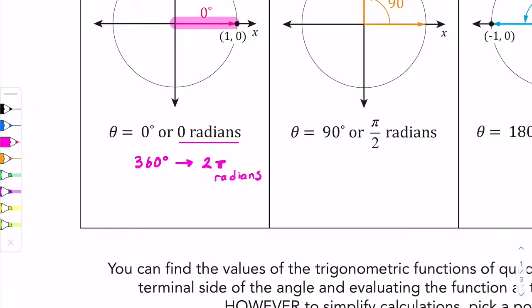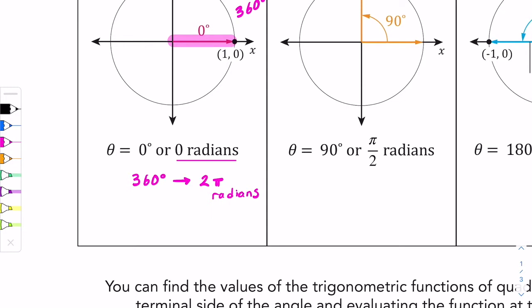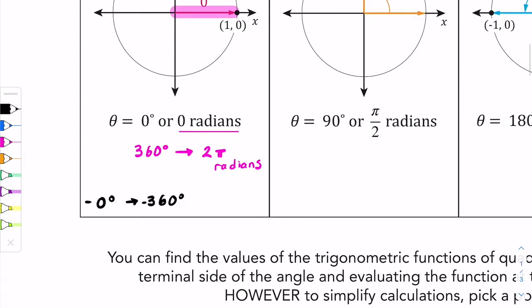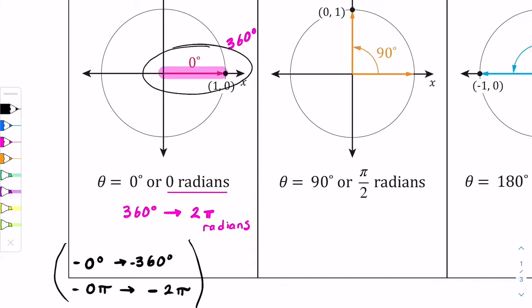If you were to reference the negative angle, like I mentioned, you would have negative 0 degrees, negative 360 degrees, or you would have negative 0 pi or negative 2 pi. So those are your options for negative values in this angle location. So we're talking about the angle being right there.